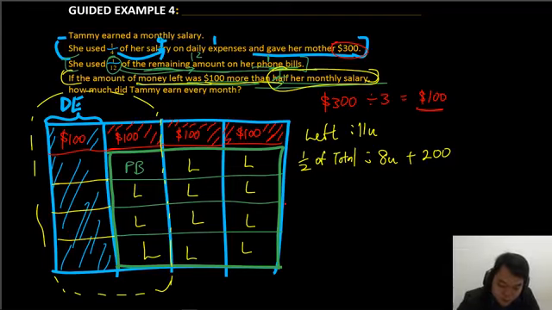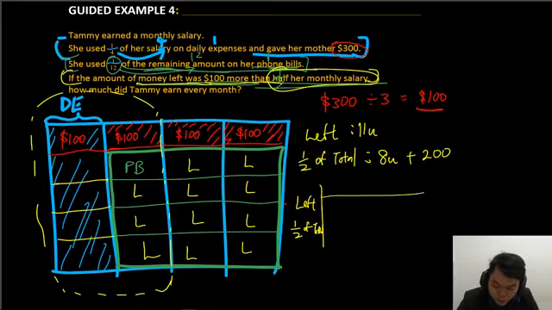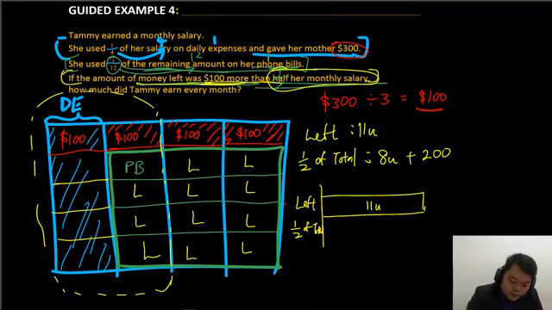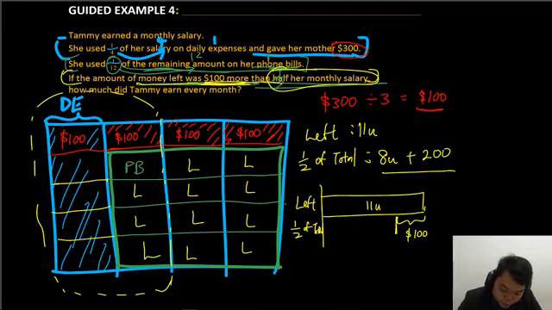So, once we've got that, we can draw out the models and compare this. Your leftover has got 11 units. Then, this 11 units is $100 more, which means to say that this has to be longer. And half of your total over here can be represented by 8 units and 200.